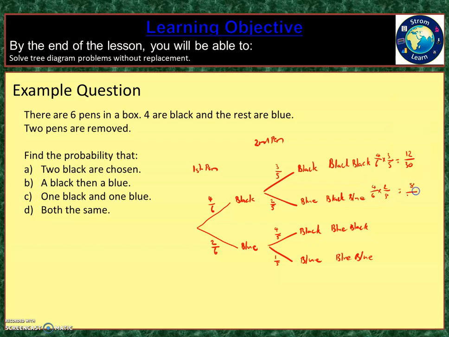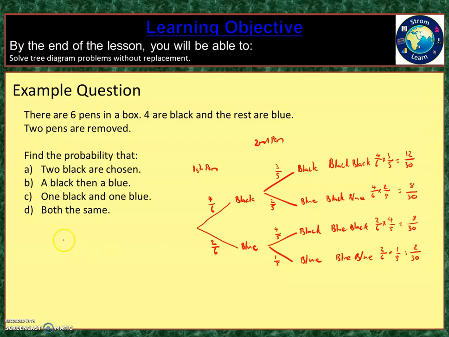So the denominators will always be 30 because I'm always doing something over 6 times something over 5. Okay, and there we go.